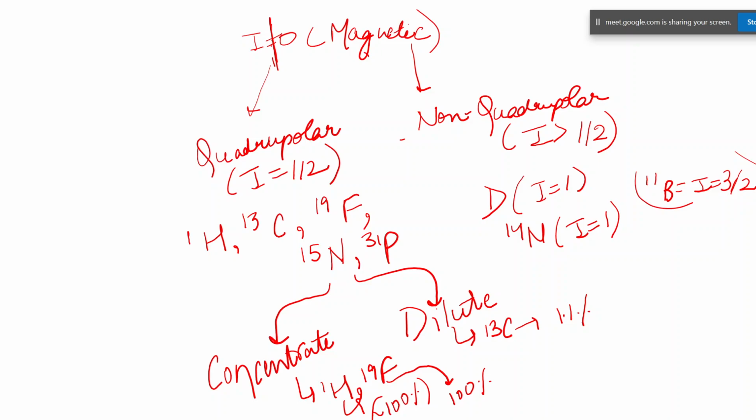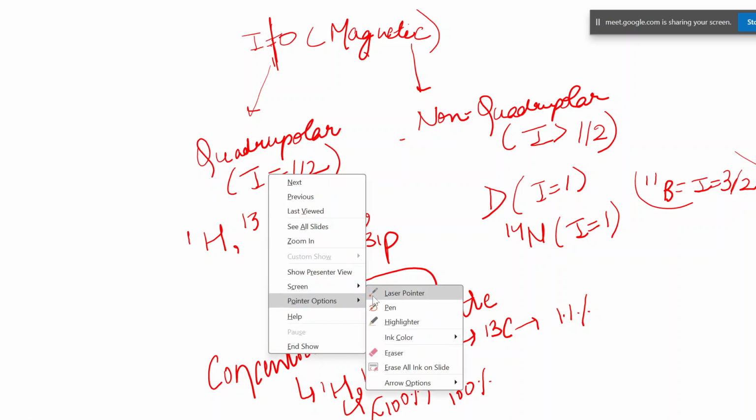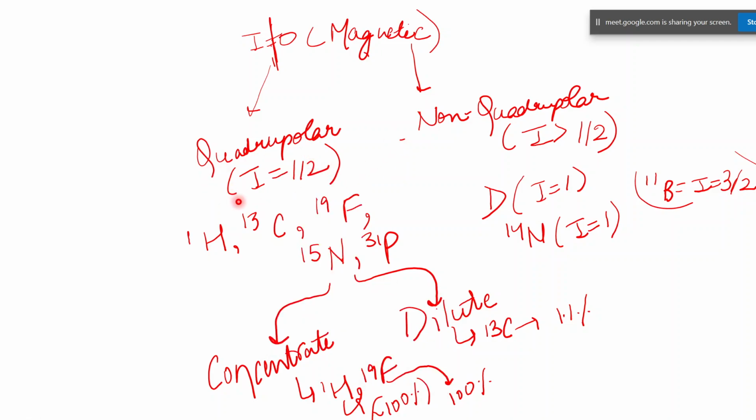And in case I is not equal to 0, they are further divided into two: quadrupolar and non-quadrupolar nuclei. Non-quadrupolar nuclei have I equal to half, and quadrupolar have I greater than half. In non-quadrupolar you have spherical nuclei and get a sharp signal, while in quadrupolar you get a broad signal.